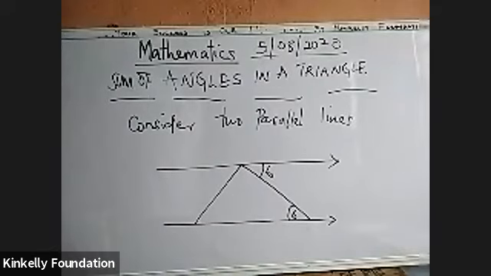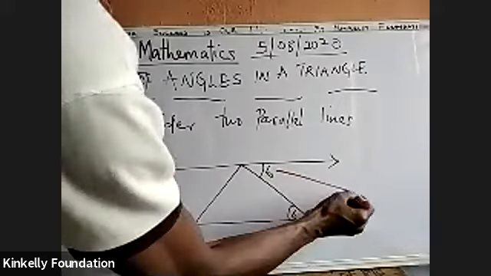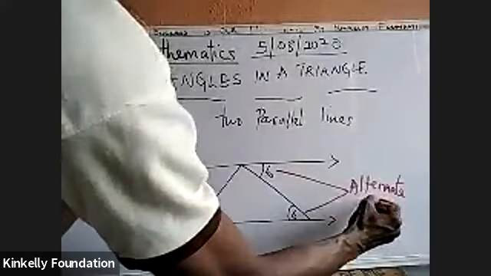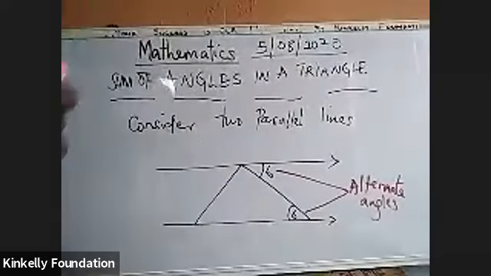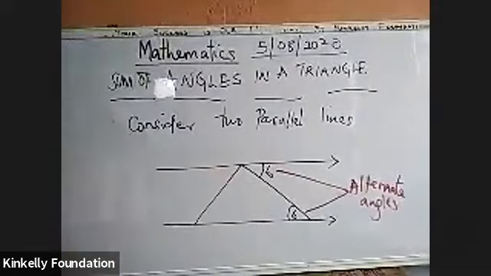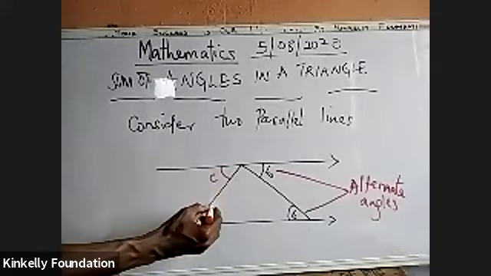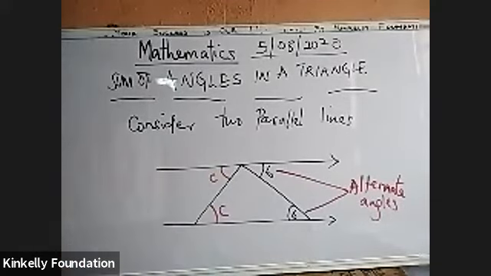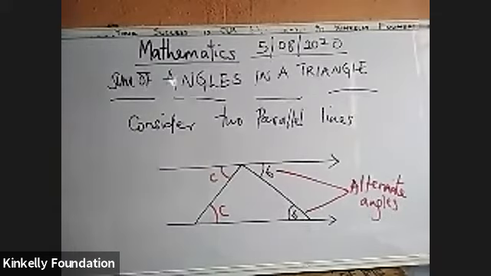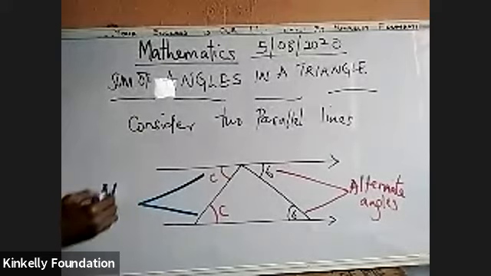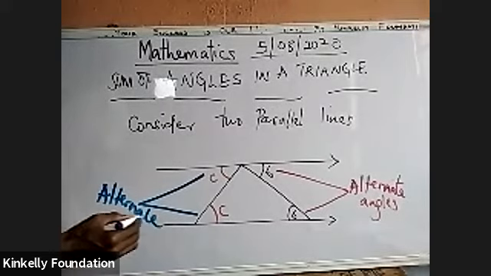B. Do you know the reason why they are the same? Because these two are alternate angles. And we also have here, if here is C, here will also be what? C. You know the reason why we are having these two is because these two are also alternate angles.